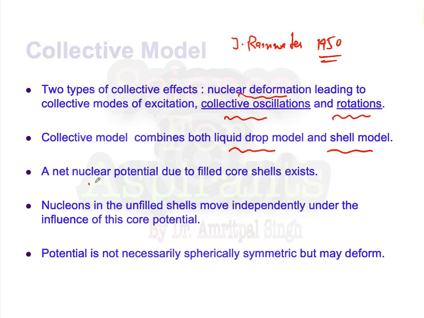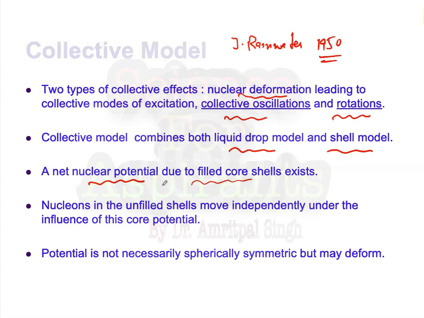In the shell model, we considered that the net nuclear potential is fixed. Here the collective model says that the net nuclear potential, due to the constant motion of these nucleons, because they are vibrating and rotating within the nucleus, is changing from time to time.